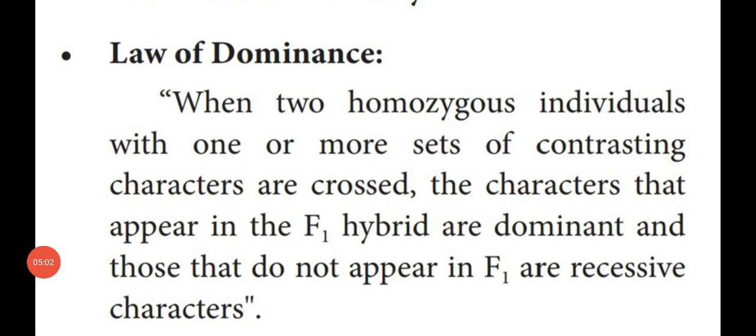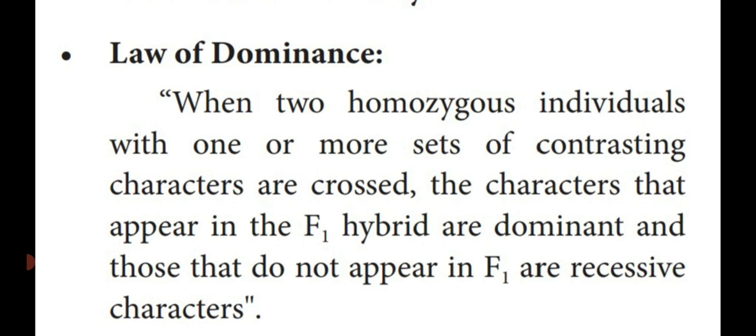See the paragraph. When two homozygous individuals with one or more sets of contrasting character. So only one single character means capital T, capital T. Two contrasting characters means round yellow, capital RR and capital YY. Isn't it?